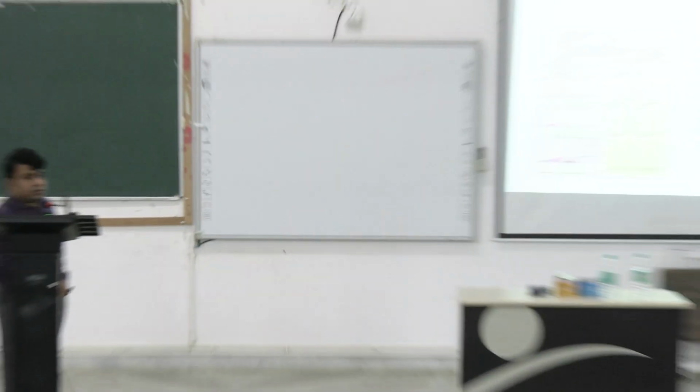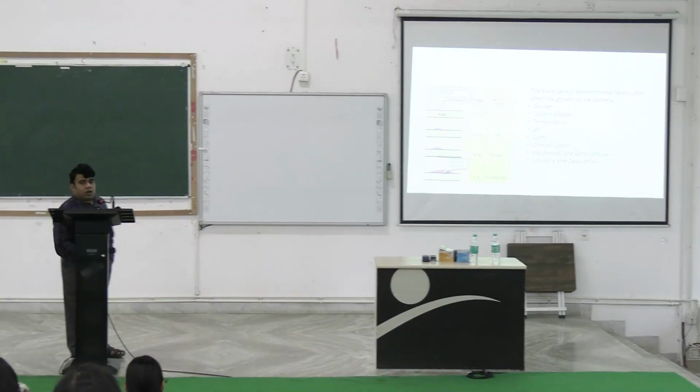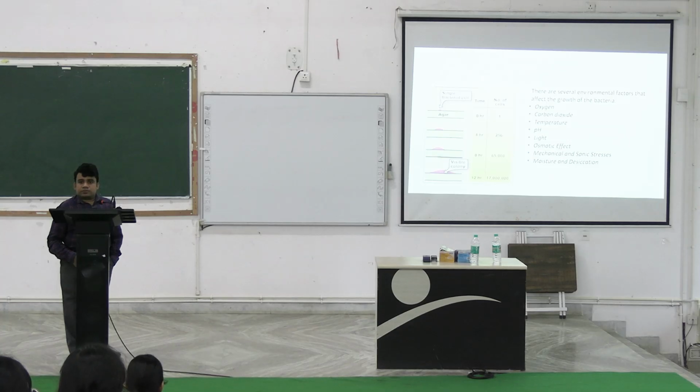Now, if we culture these bacteria artificially or in vitro, their number will increase, right? Look at this picture on an agar plate. If I put a single bacterial cell, after about 12 hours, the number increases to almost about 17,000. Why is this time important?